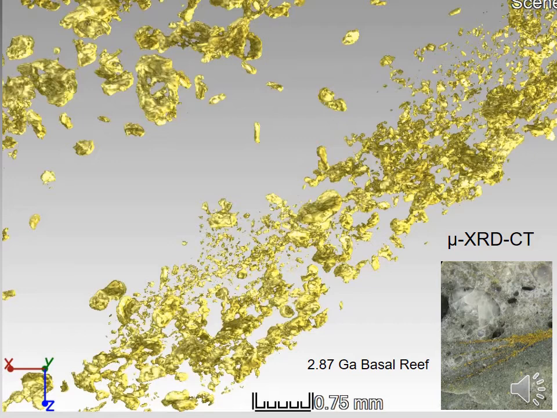If this gold is indeed detrital, then the question is, where does all this gold come from? What's the source of an estimated 90,000 tons of detrital gold? And this source question is really at the heart of my presentation here today.